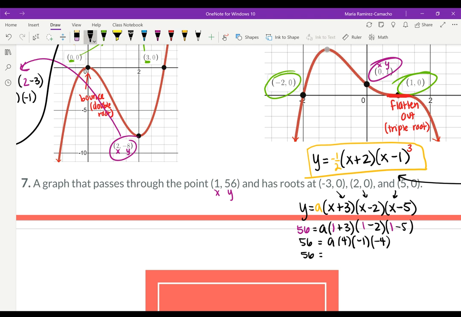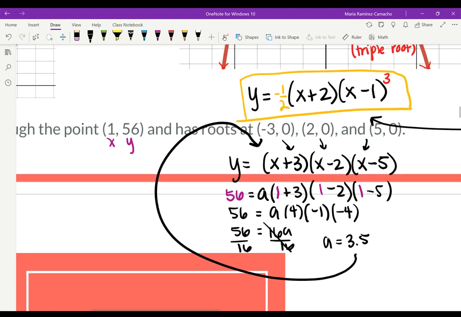This is going to be positive 16a. a equals, we'll divide 56 by 16. That is going to be 3.5. So a little messy here, but I'll just plug that in at the top here. 3.5 for a. And there is our equation.